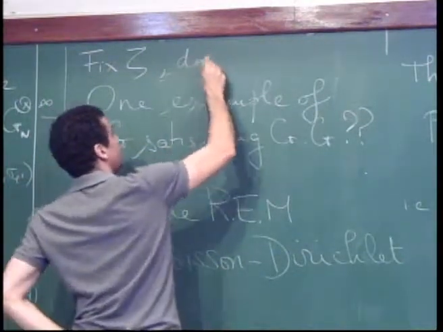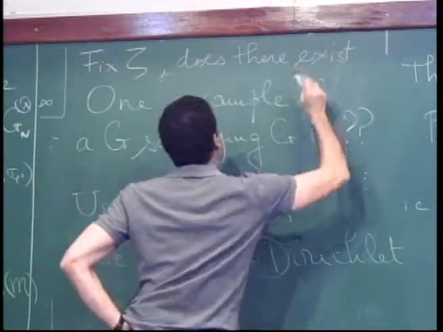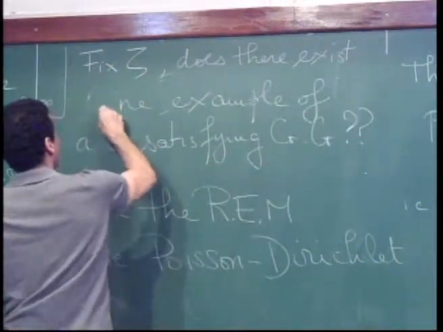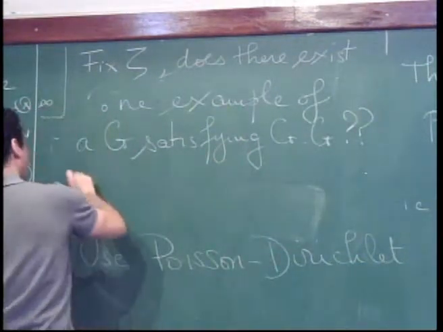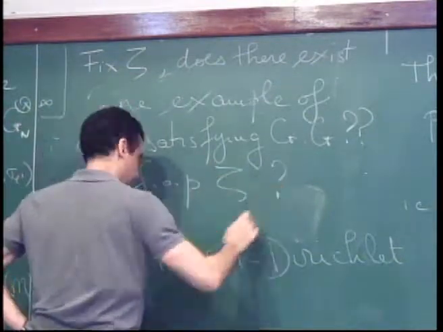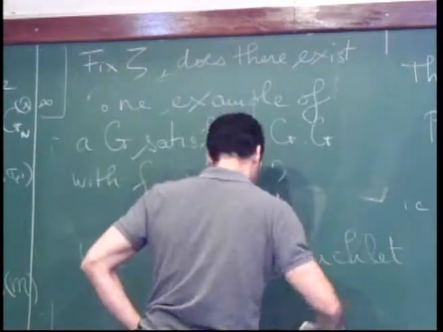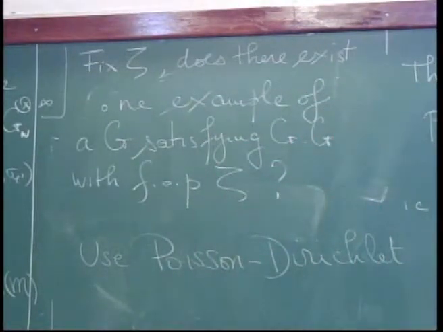Does there exist one example of a G satisfying Ghirlanda-Guerra with functional order parameter zeta? This is now more difficult because now I have a whole class of examples. I give you one probability measure, which is the distribution of the distances. Can you construct one Hilbert space, one G, with this thing, which will satisfy Ghirlanda-Guerra?